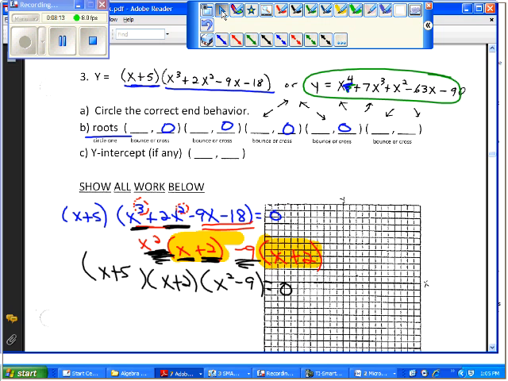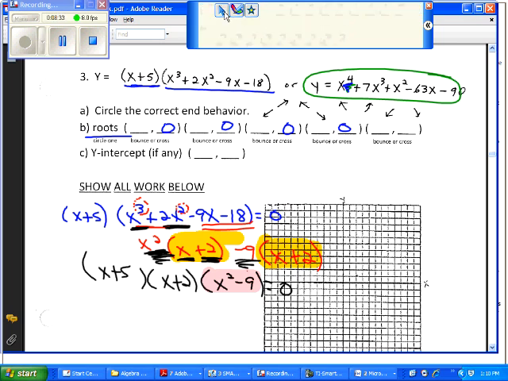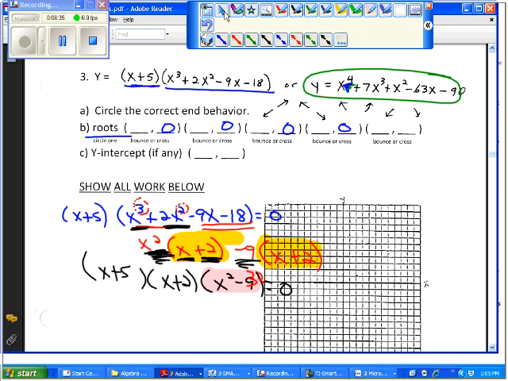Now, we've got 2 factors, but then we've got the third one as x squared minus 9. X squared minus 9 is the what? It's the difference between 2 squares. 9 is what squared? 3 squared.